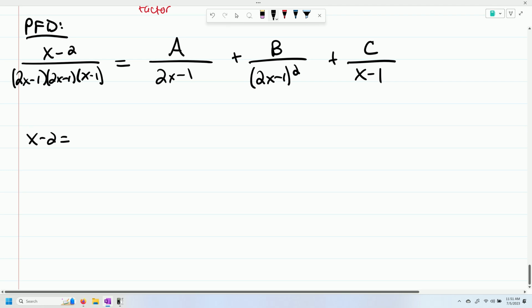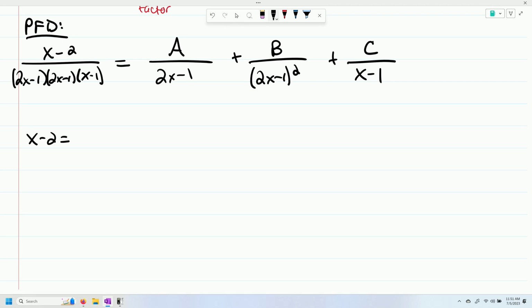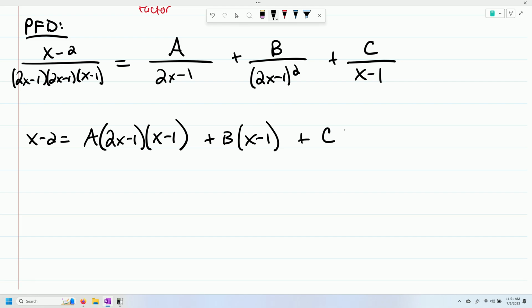On the right-hand side, notice we have 2x minus 1 already in the denominator for A. So we need another one. And we need the x minus 1. For the letter B, we already have both 2x minus 1s in the denominator. Therefore, all it needs is an x minus 1. And finally, the C already has the x minus 1. So I'm just going to go ahead and write 2x minus 1 and then another 2x minus 1. Okay?